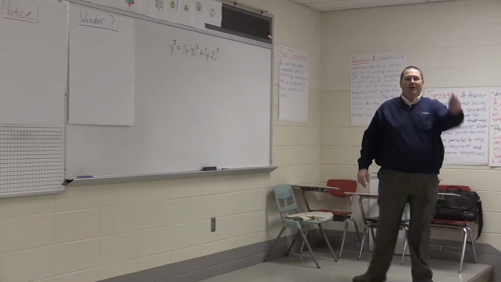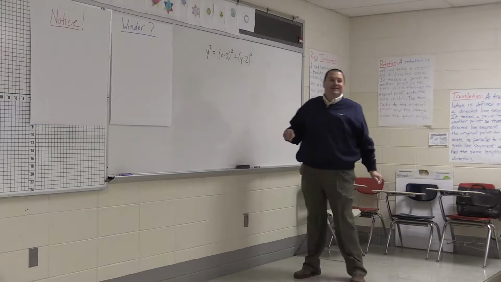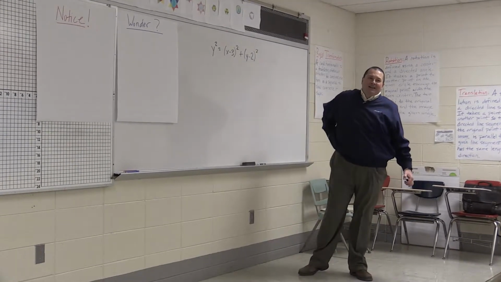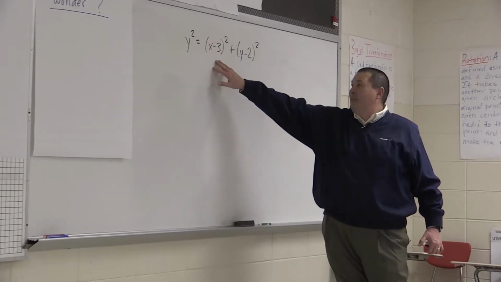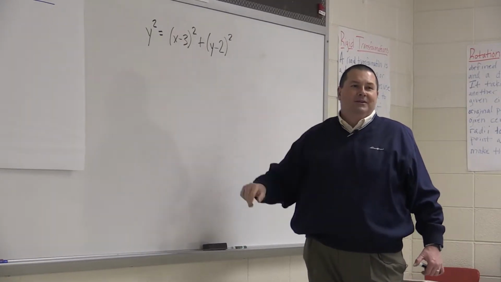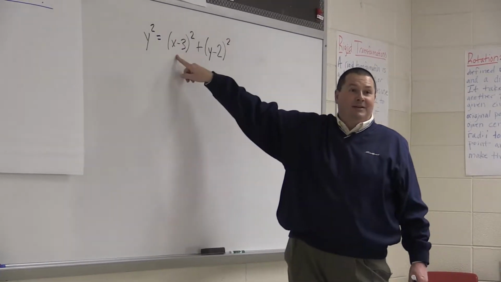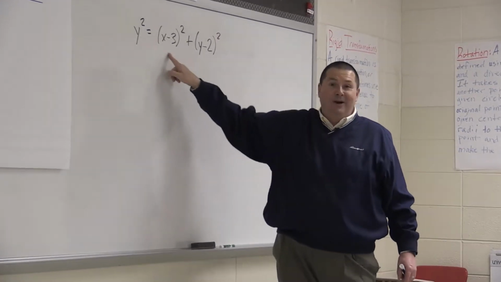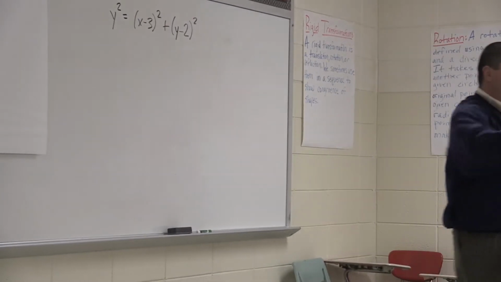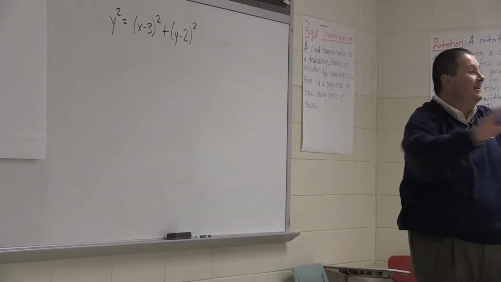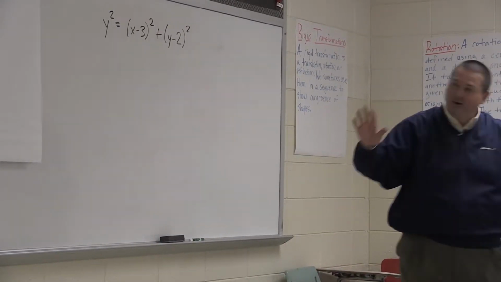What do you have there? Y equals a times x minus h squared plus k. Okay, right. So look, this is already the way we want it. It's already in the form we want it to be in, so we're not going to mess with it.